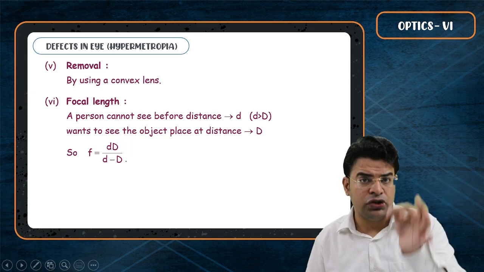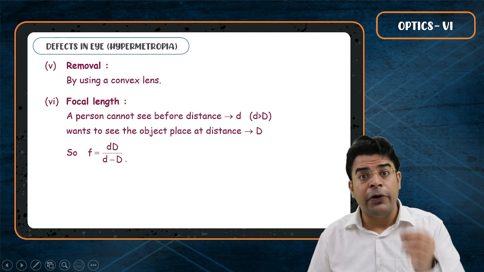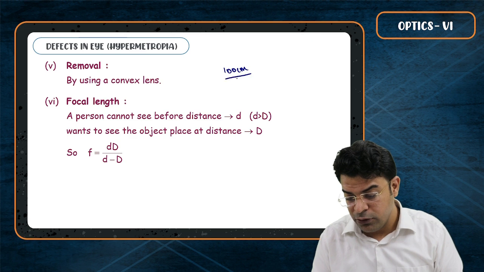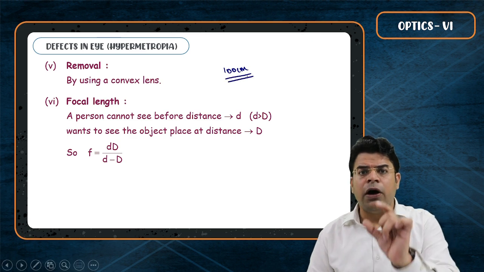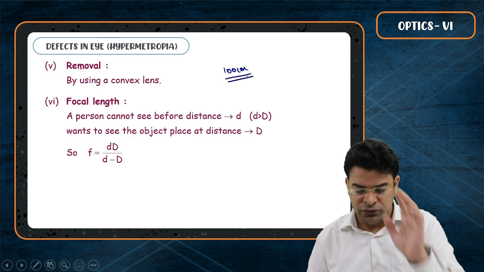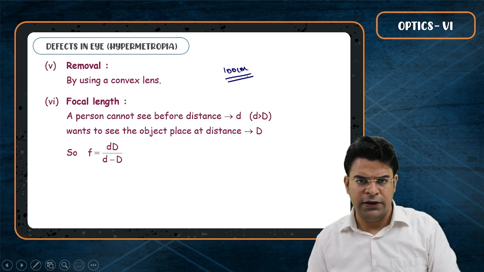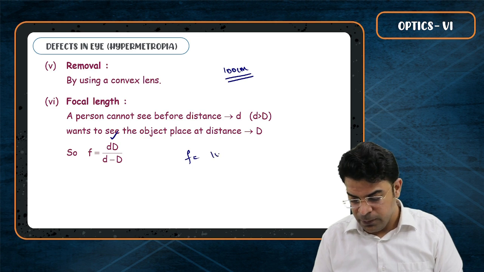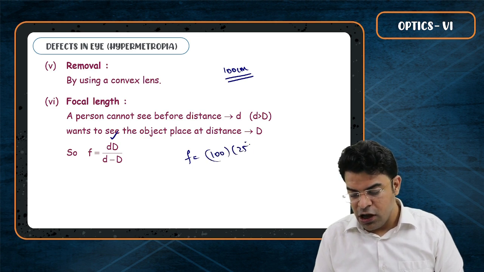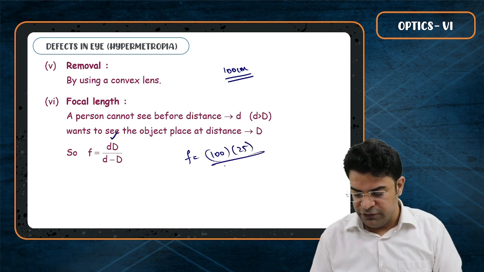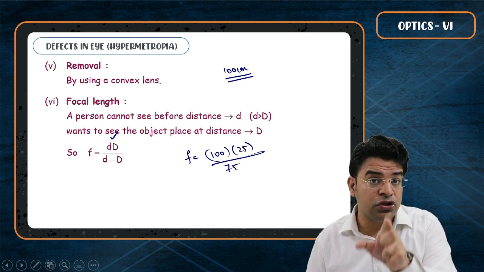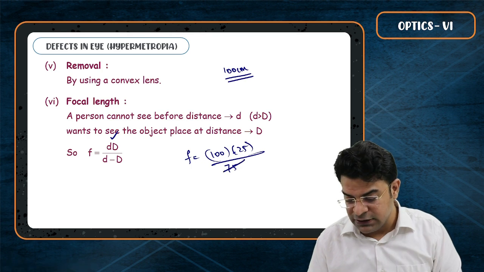So if in a question they say that a person has got his near point at 100 centimeter, what is the power of the lens this person should use? First of all, I will find the focal length. So the focal length that this person should use is 100 into 25 upon 100 minus 25, that is 75. Do take care that I am solving this question in centimeter. So cancelling out here, you get 3.